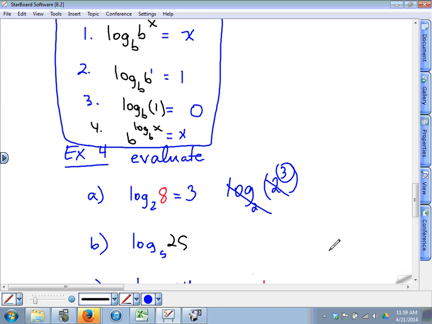What'd you get, Matt? 2. The answer's 2. For part B, the answer's 2. Here's why. Hold on, just one second. Stay put. This 25 can change into 5 squared. The 5's cancel, so the 2 is left over, so this equals 2.